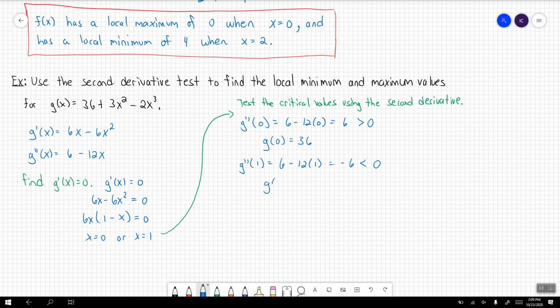Then we evaluate g of 1, so the function value at 1, that's going to be 36 plus 3 minus 2, and that should be 35. Oh, sorry, not 35. My apologies. Should be 37.